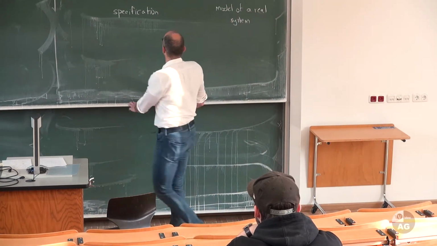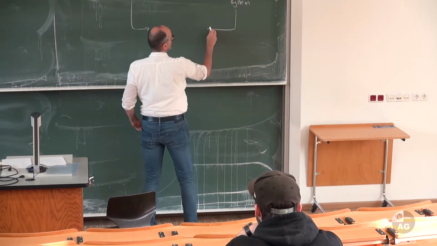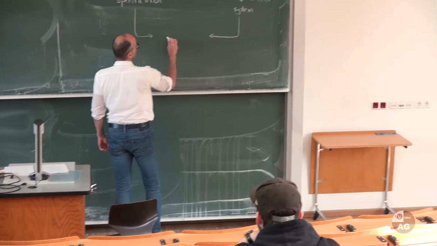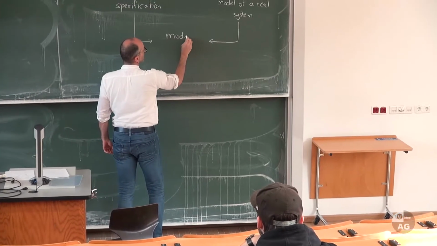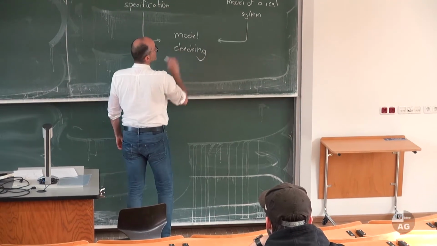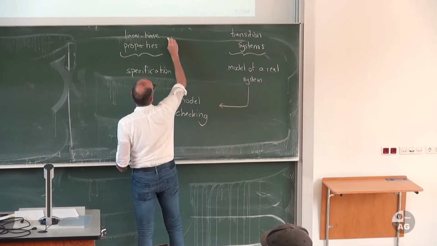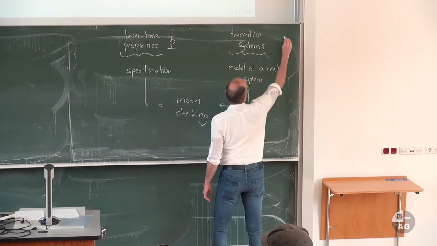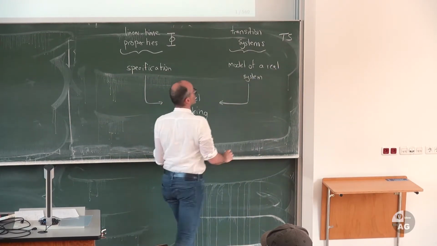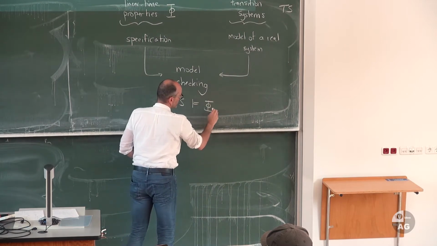And now the idea is that we're going to bring these two things together, and they are going to be the inputs to model checking. So if this is a property, let's say phi, and this is a transition system TS, model checking is going to check whether TS satisfies phi or not.